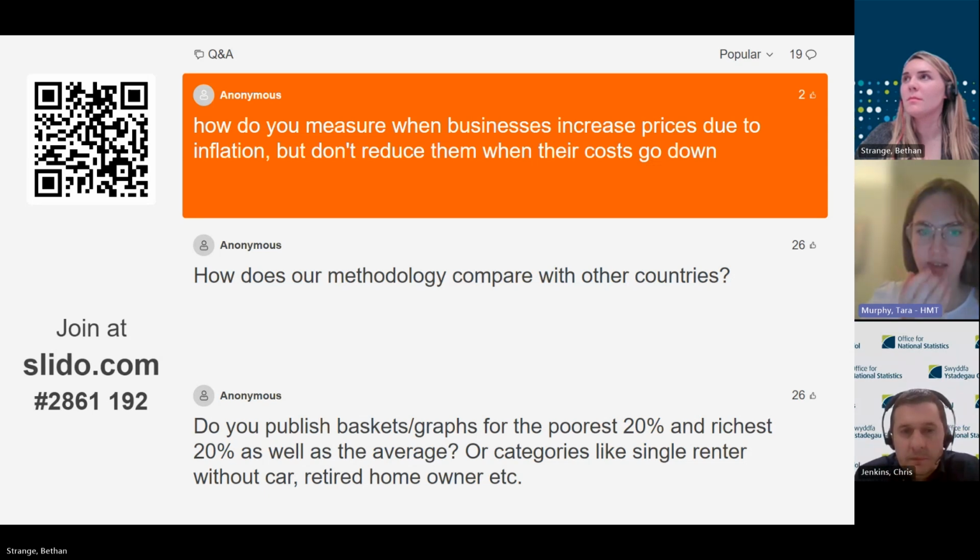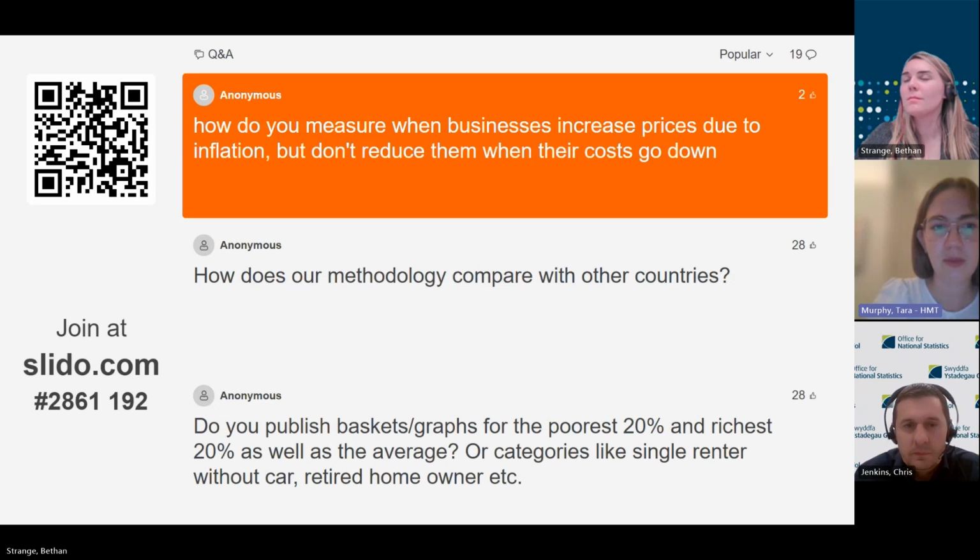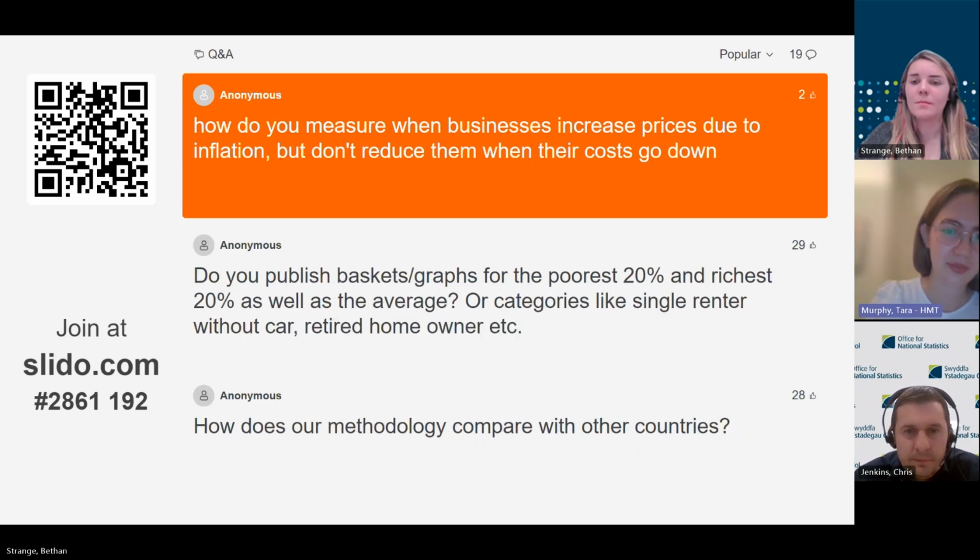And one of those reasons might be raw materials are going up or financing requirements are going up, and that gives us an indication of the driver of inflation. It's a bit more difficult to measure on the way down because the question I think asks about price rises, but yeah, hopefully that answers it.